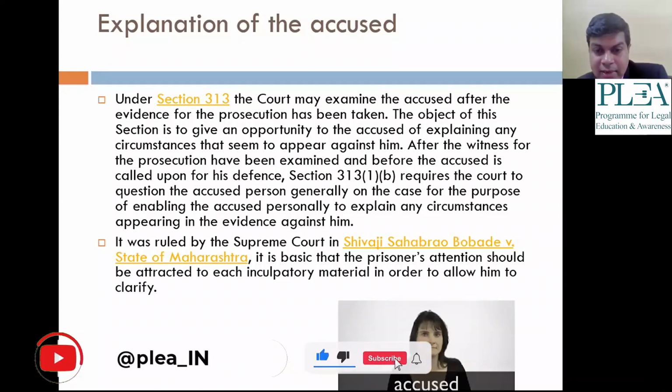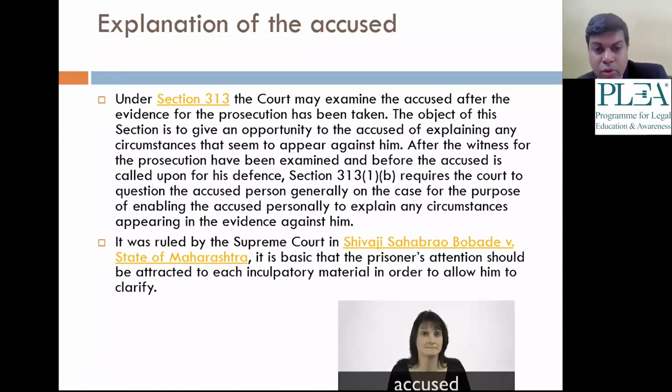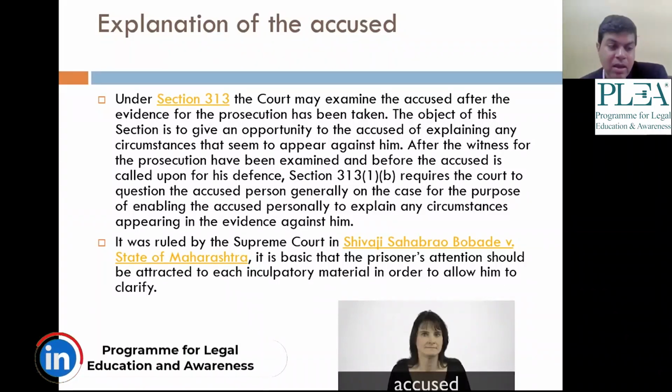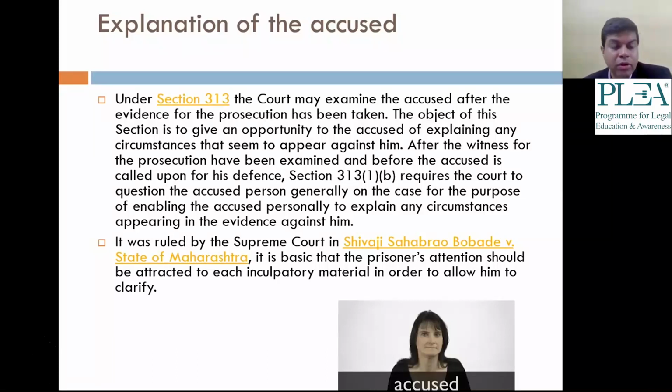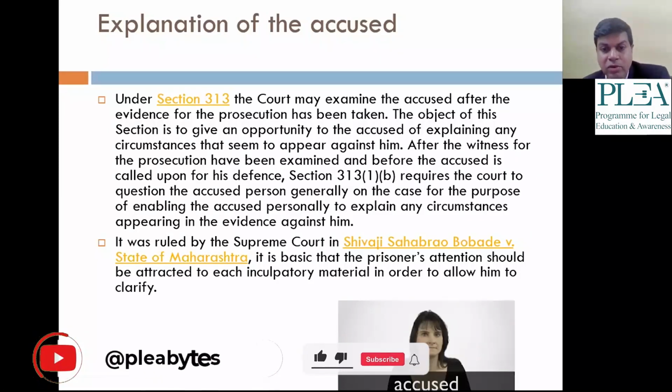Section 313 subsection 1(b) requires the court to question the accused generally on the case, enabling the accused personally to explain any circumstances appearing in the evidence against him. So normally the court also asks the accused whether he wants to give any more evidence or any more statement which he thinks will be a good defense. This section applies here.